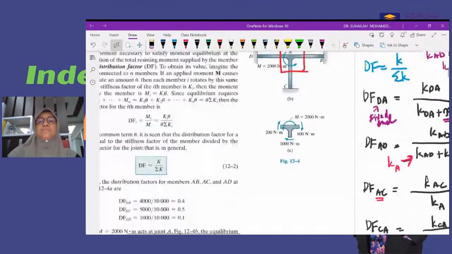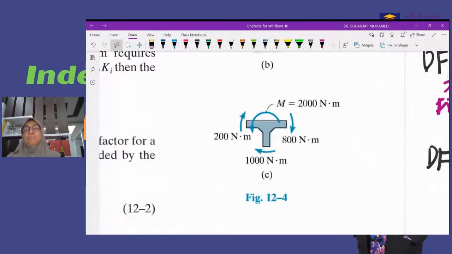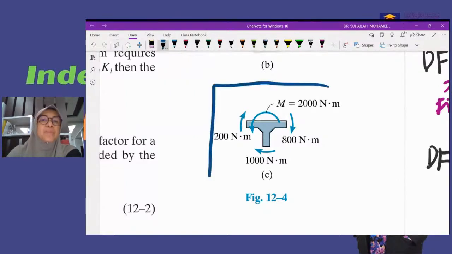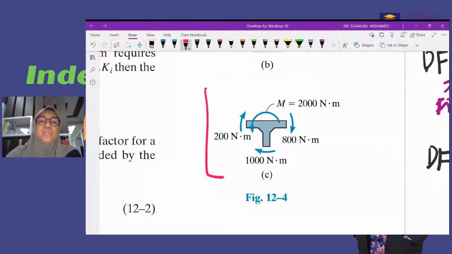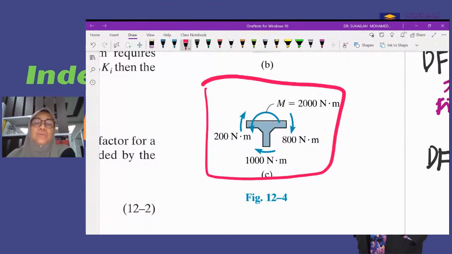One thing is the total moment must equal zero. So whenever we distribute, we must get the total moment equivalent to zero, which means the total MA is equivalent to zero.